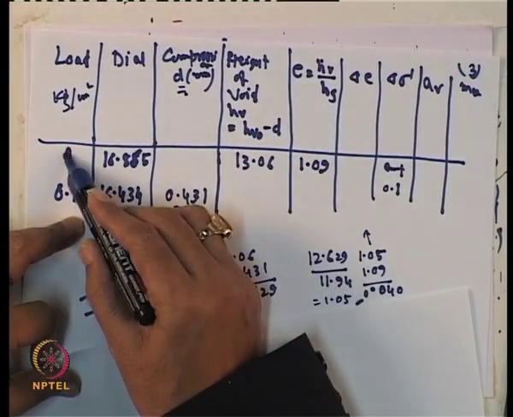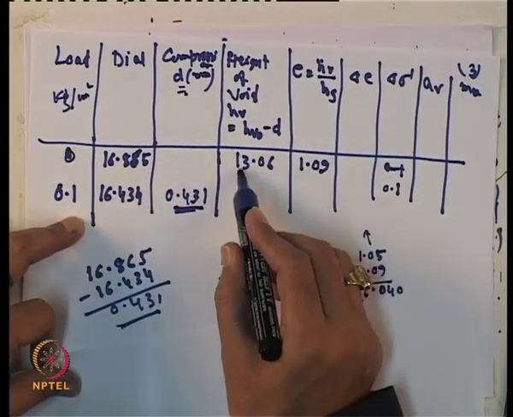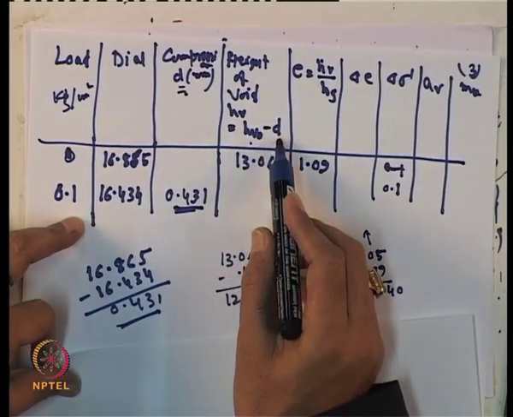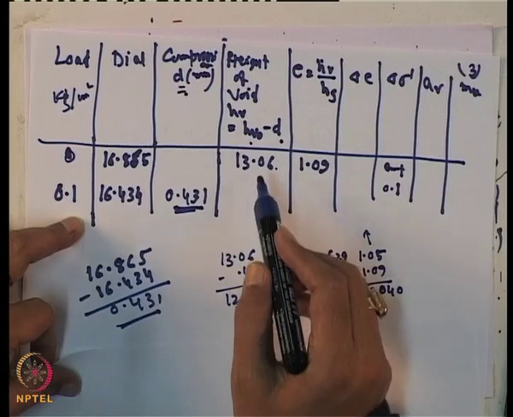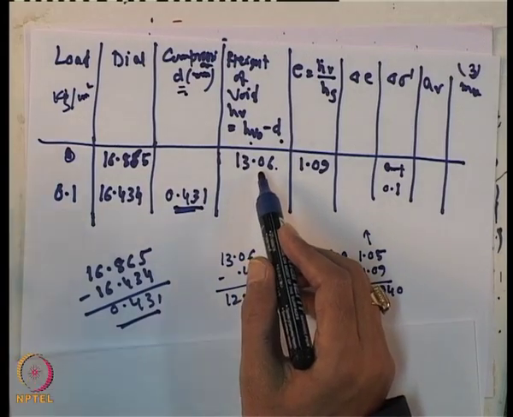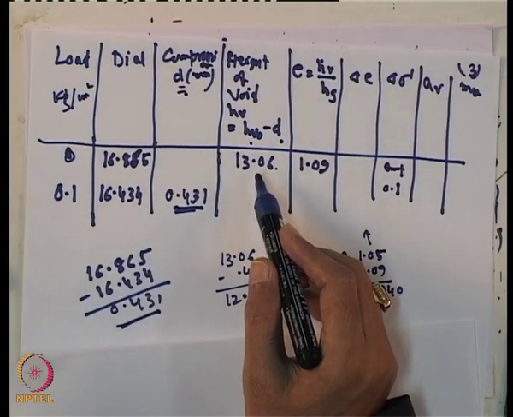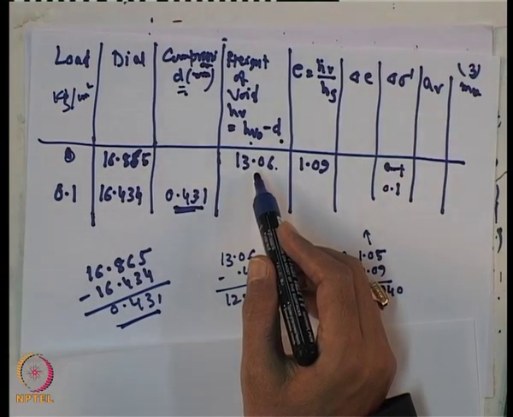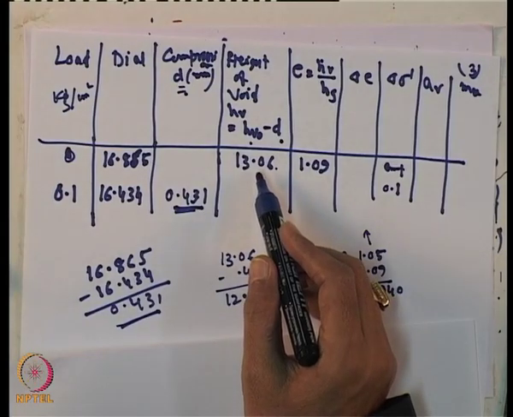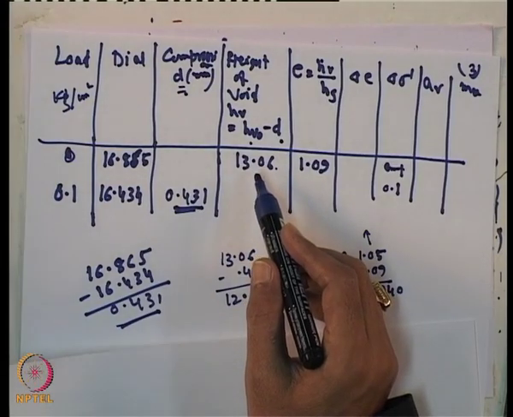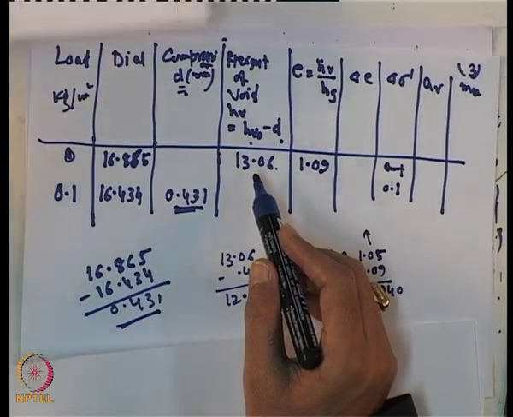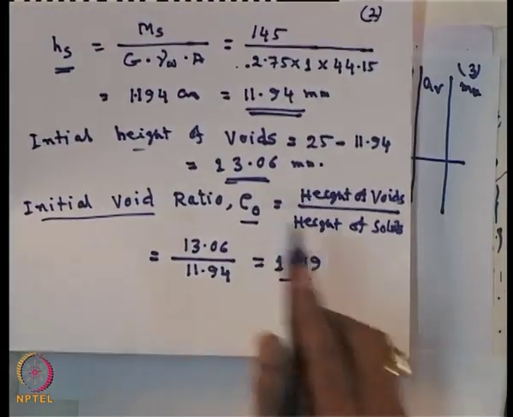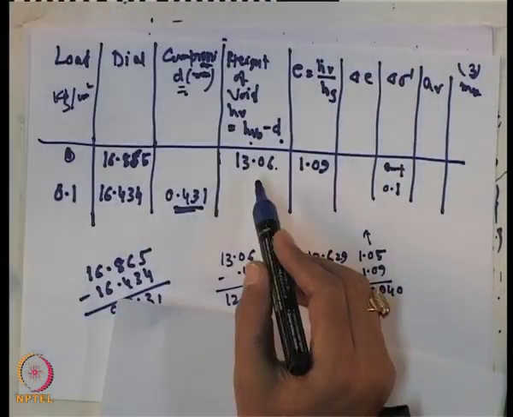Now, the height of the soil under 0 load was 13.06. So, height of the void is equal to HV0 minus D. Initially we have calculated HV0, the initial height of the void, 13.06.